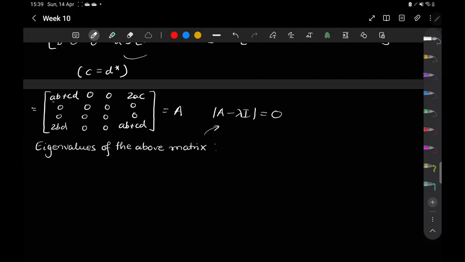So we will expand by the top row, and these two are the non-zero elements of the top row. We will expand from that.